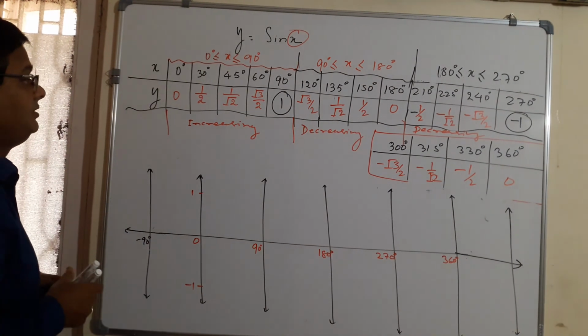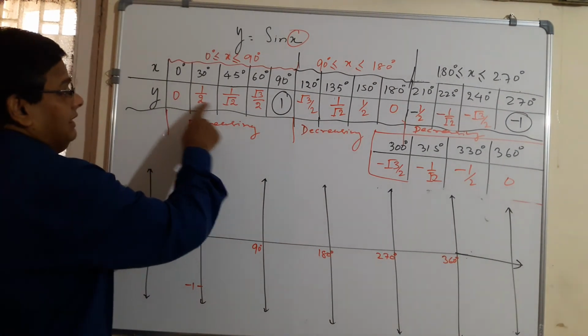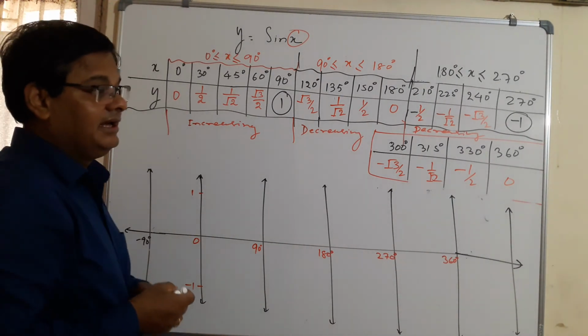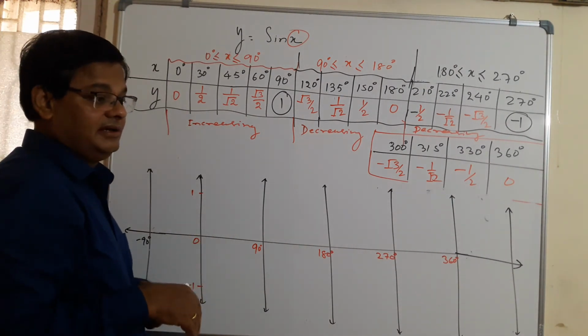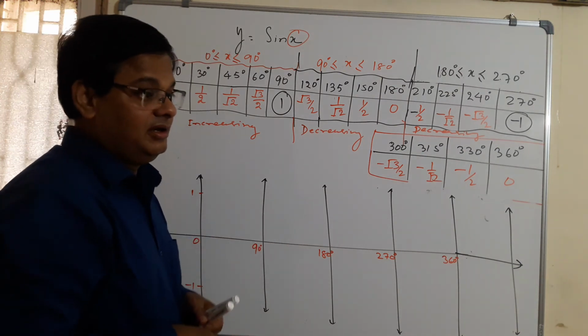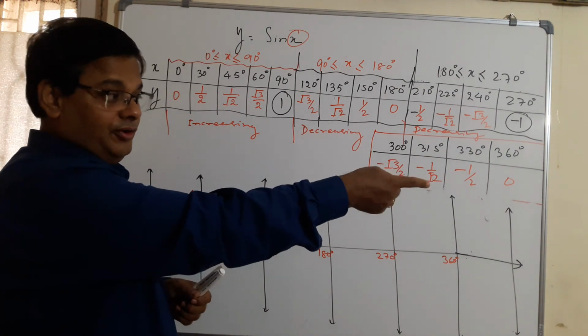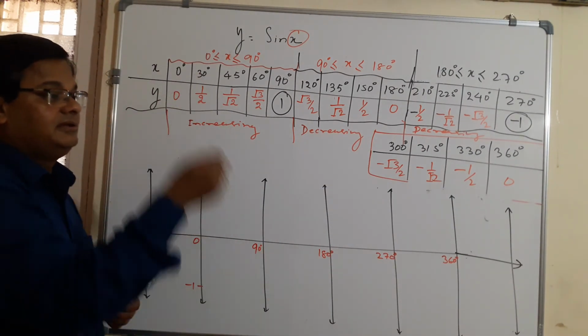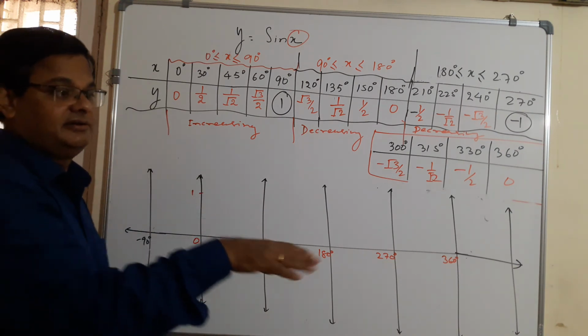So see here, in the first quadrant, increasing means maximum value, and the graph of sin x is just like a wave of water. Or you can tie a rope at one corner and move it like this, and you will get a snake.